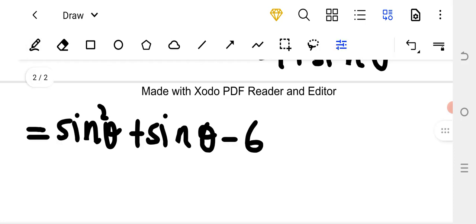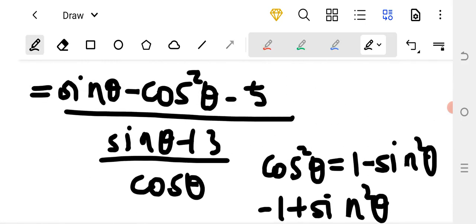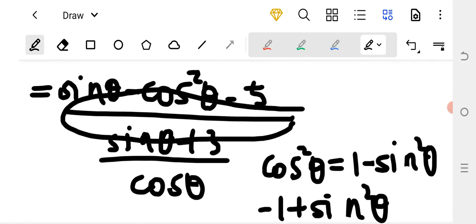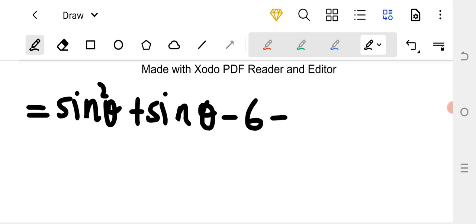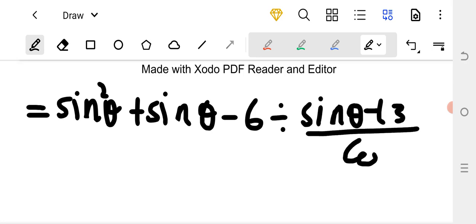And then instead of writing this long bar, we're going to write a division sign, divided by (sine theta plus 3) over cos theta.